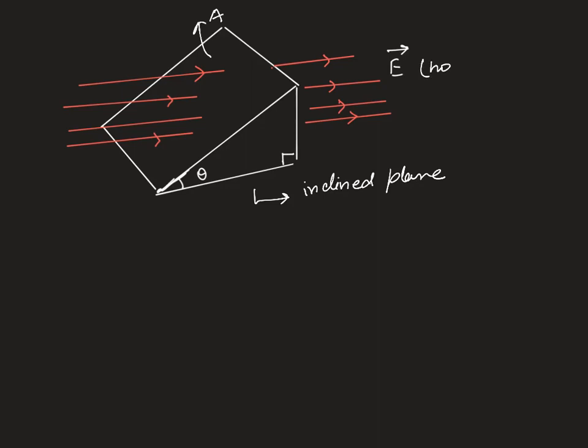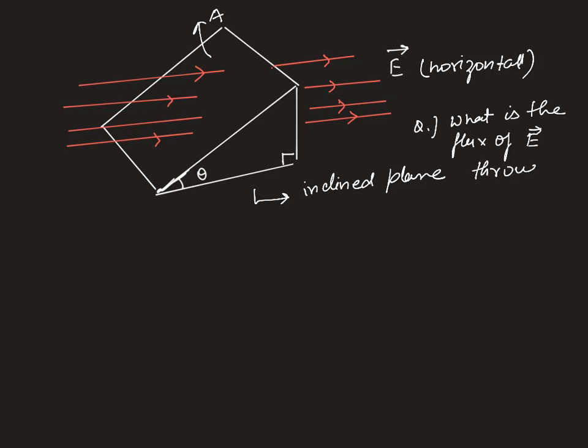There is a horizontal field. The question is very simple. What is the flux of E through area A? That is the question.